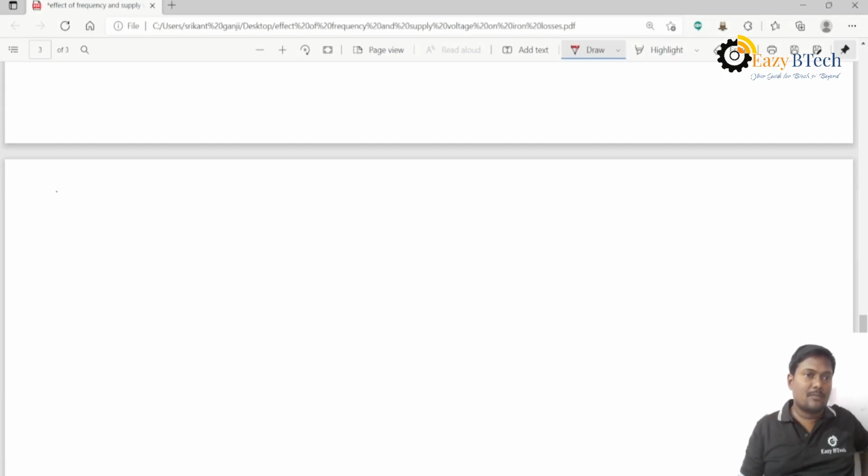So coming to the second problem, if V by F ratio is constant.